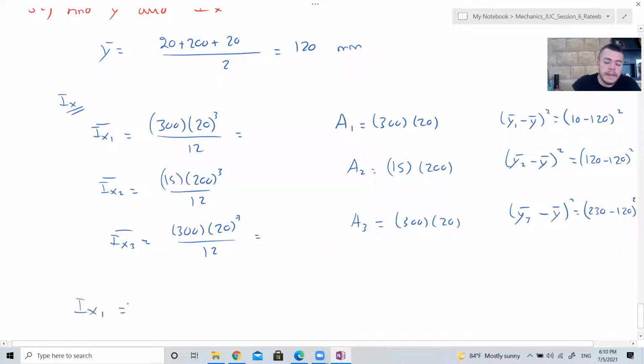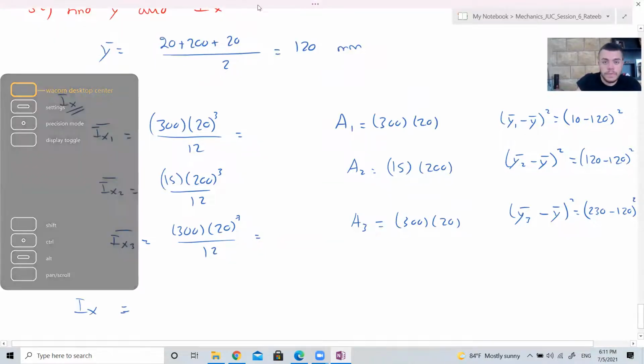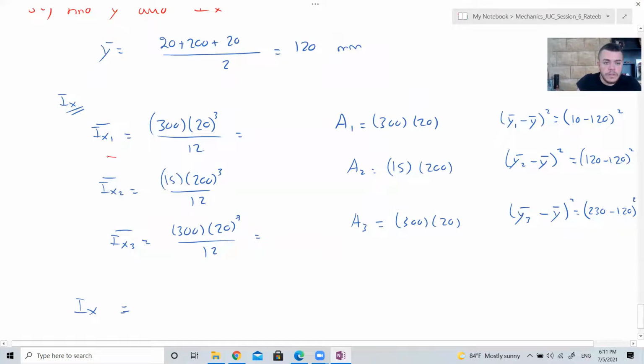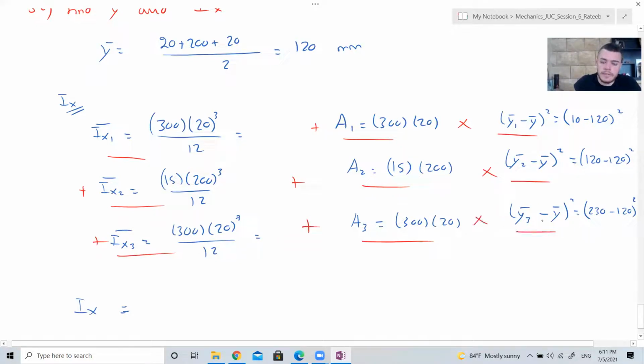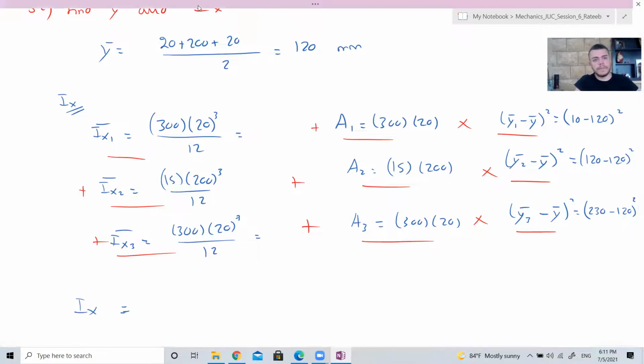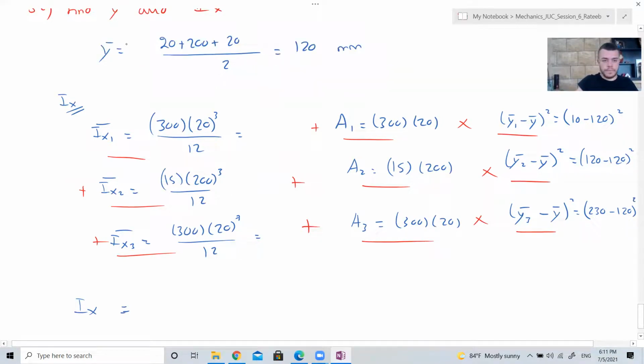To find Ix, what do we do? This plus this times this, plus this plus this times this, plus this plus this times this. Ix1 is 300 times 20 cubed over 12, times 2.